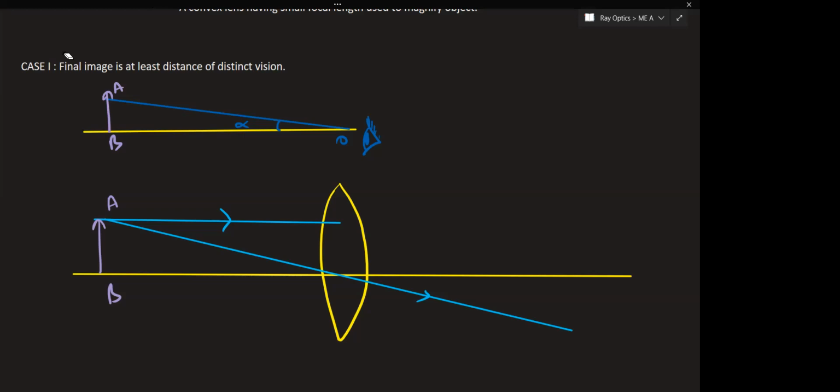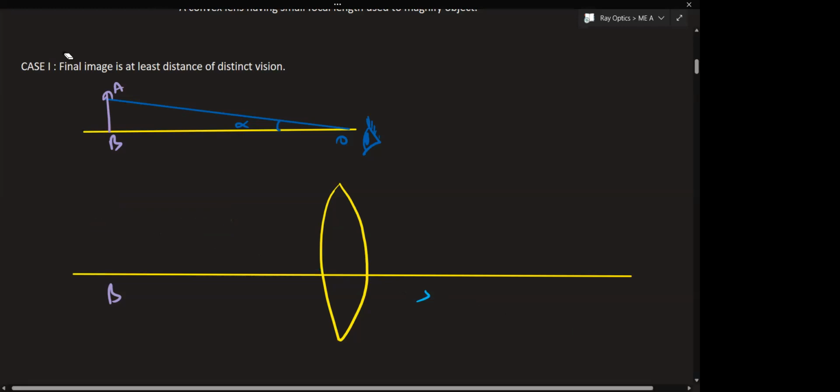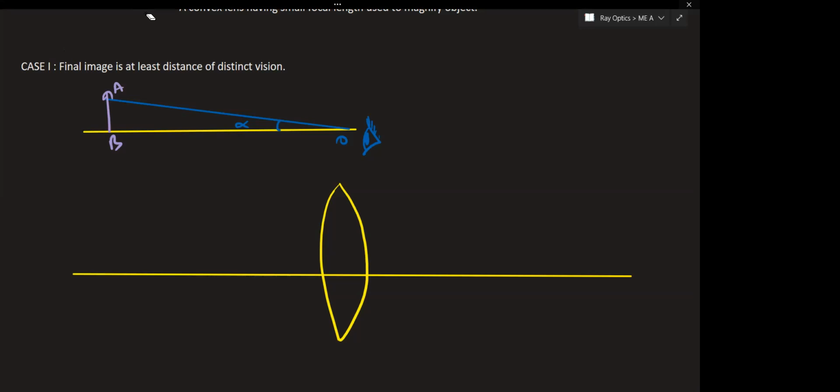It will require more space. I'll draw the object near to the lens.